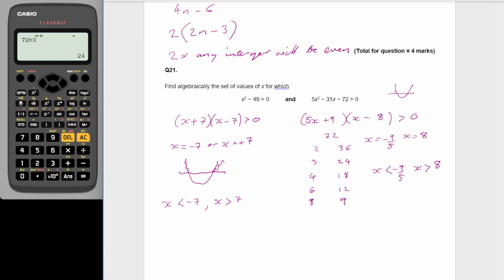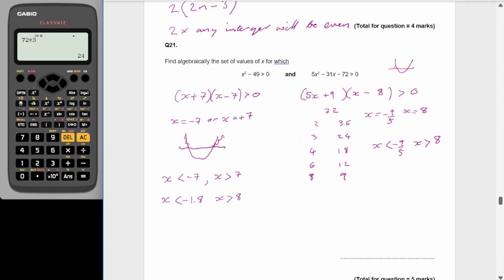Right, minus 9 over 5 is 1.8, so if I put them under each other just to make it a bit more clear, minus 1.8, and x has to be greater than 8.